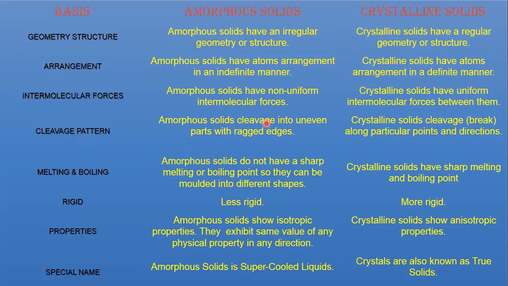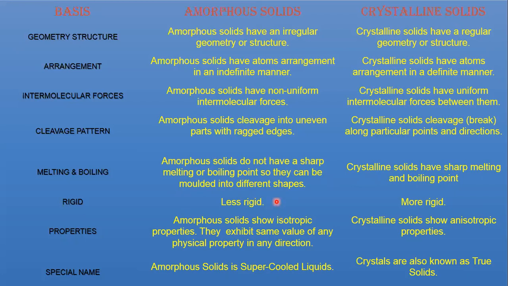Amorphous solids cleave into uneven parts with ragged edges, while crystalline solids cleave along particular points and directions. Melting and boiling points. Amorphous solids do not have sharp melting or boiling points, so they can be molded into different shapes, while crystalline solids have sharp melting and boiling points.